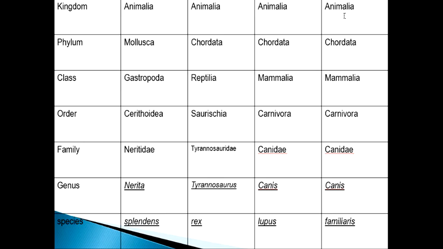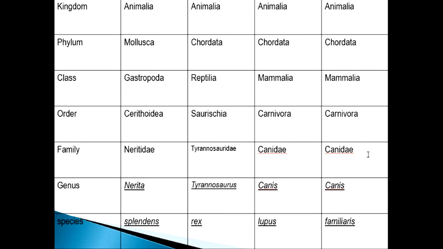So on the extreme right we have the dog, Canis familiaris, and notice it is part of the kingdom Animalia. It is part of the phylum Chordata, which includes all organisms that are vertebrates and a few other weirdos. The class Mammalia, you all have an idea what mammals are. The order Carnivora, which includes dogs and cats and bears, but also skunks and weasels and a few other things.